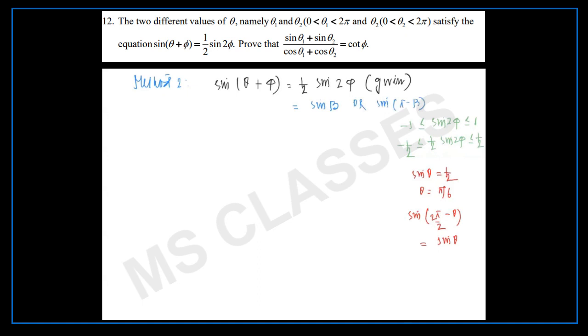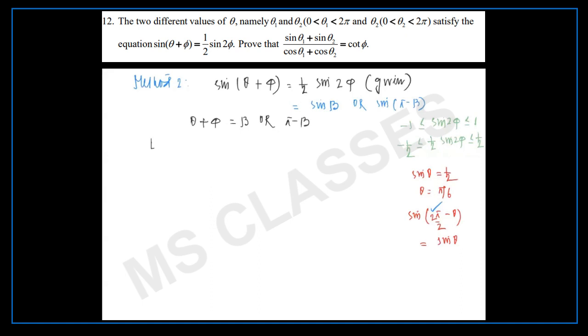Why? Because sine of pi minus b, sine will remain as sine, second quadrant positive. So that means it can be b, it can be pi minus b. That means here theta plus phi can give us two values, one is b or pi minus b. Now we have here two values for theta.